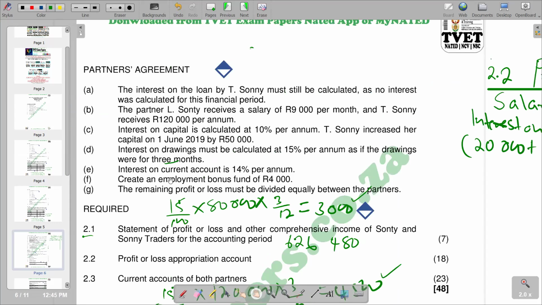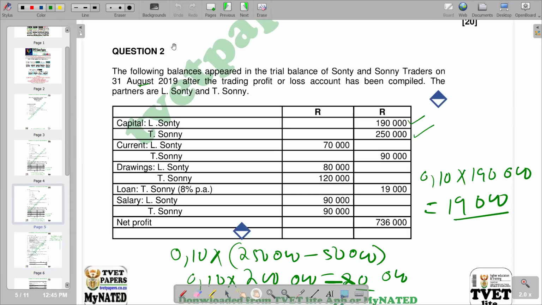So go to E. Interest on current account is 14% per annum. So 14%, we go there and calculate. So let's just try to see.